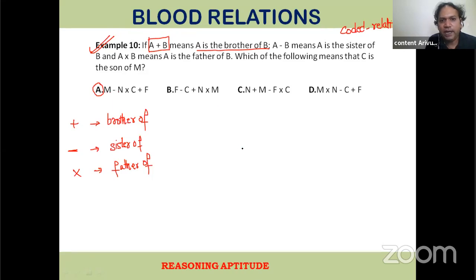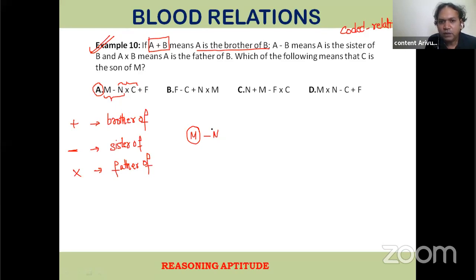M dash N. M is sister of N. See the first statement. For many of you, this might be something very new, right? Don't worry. What is the meaning of dash? Sister of. So M is sister of N. N cross C. What is the meaning of cross?